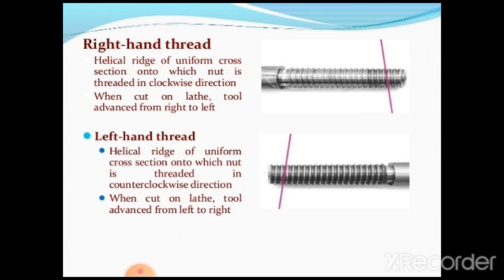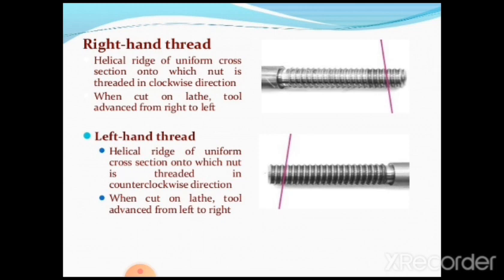So a very simple understanding is this: first I hold the screw or the threaded bolt, and if I rotate the nut clockwise and it advances towards the head of the bolt, which is very, very important, then it is a right hand thread.